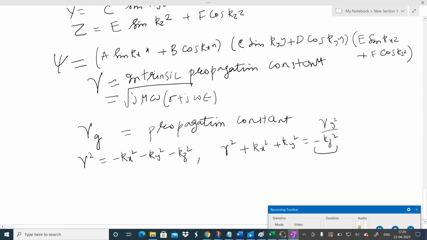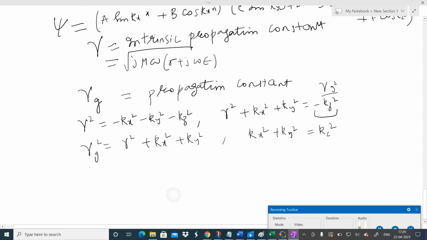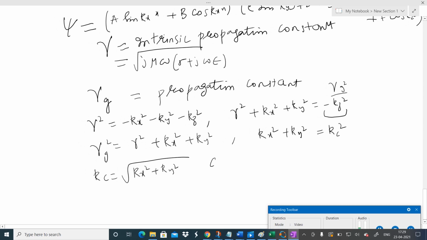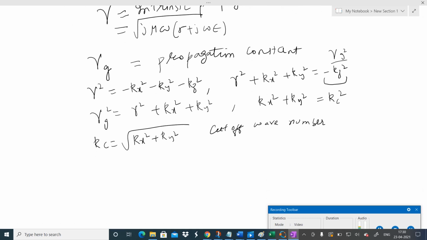Okay, so we can write gamma g square is gamma square plus kx square plus ky square, and we write this kx square plus ky square as something called kc square, where this kc is obviously the square root of kx square plus ky square. It is called the cutoff wave number.